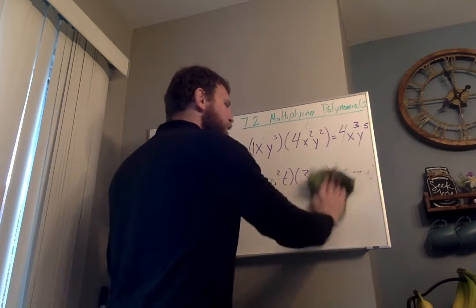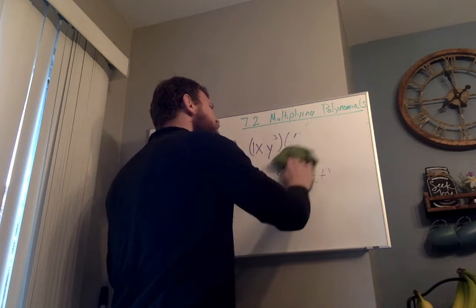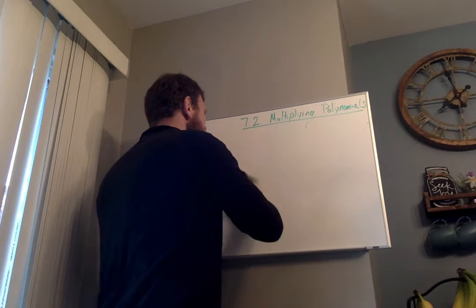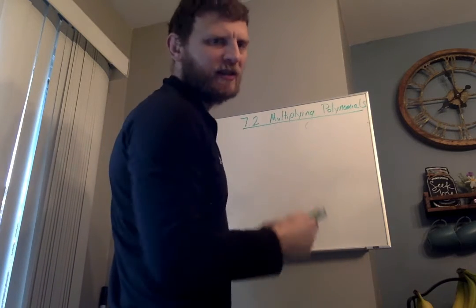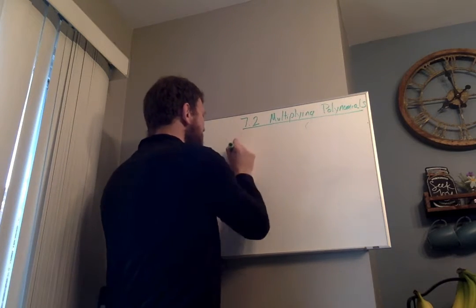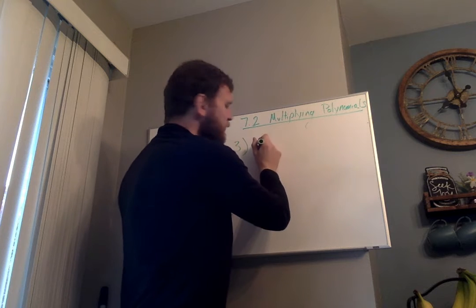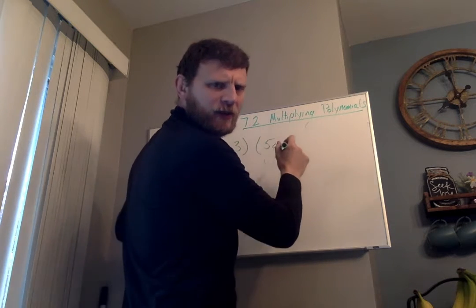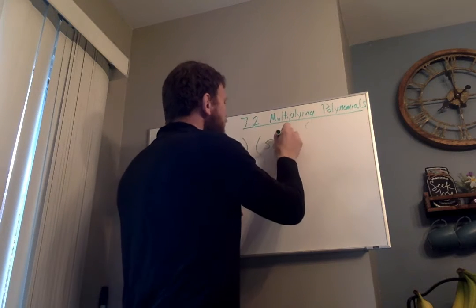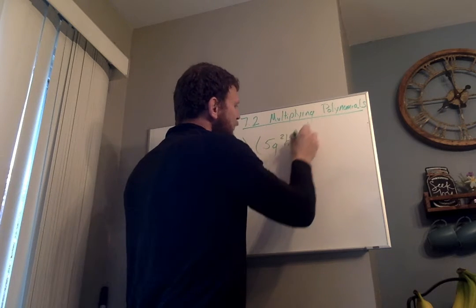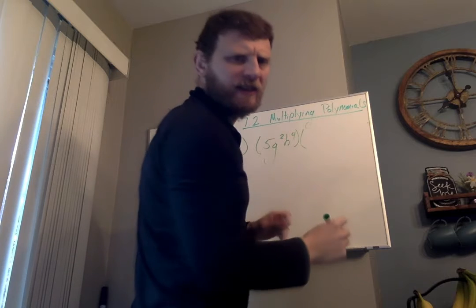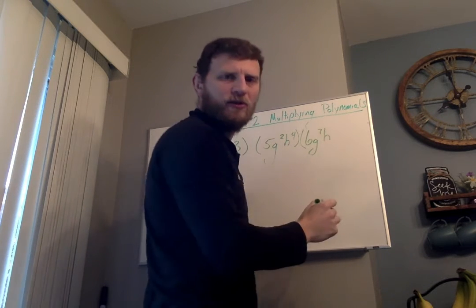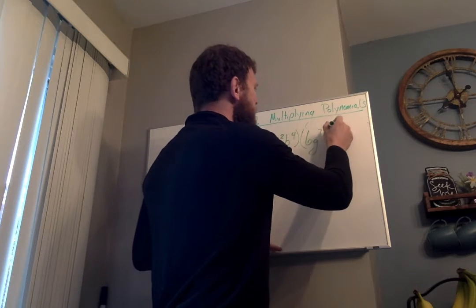Now let's look at 3 and 4. So question number 3 says 5g to the 2nd, h to the 4th times 6g to the 7th, h to the 2nd.